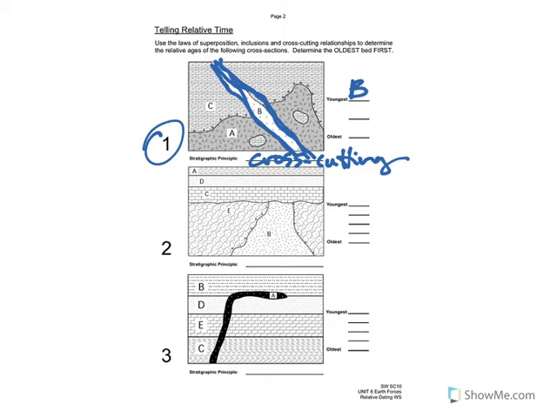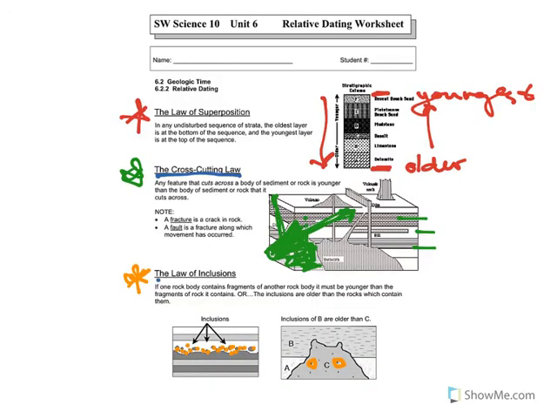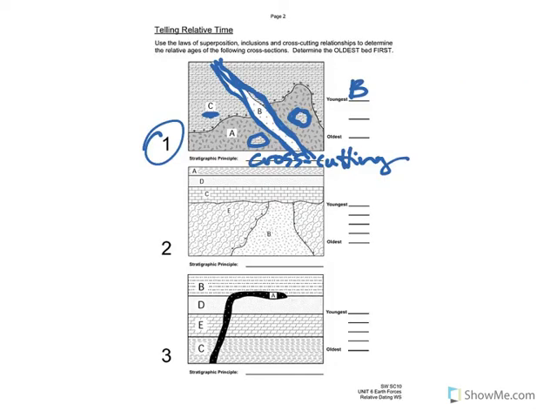The other law that we're going to want to use is the law of inclusion. Notice how we have these inclusions here, which appear to be of the same rock material as sample C up here. If we see these inclusions in layer A, by referencing the law of inclusion, we can conclude that these fragments we're finding inside the other layer are older.